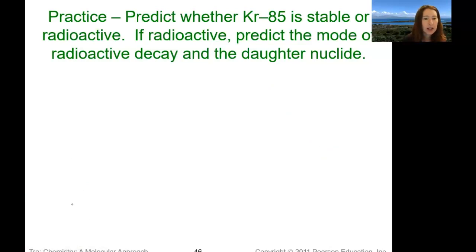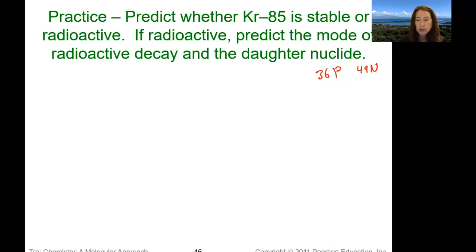Okay, so let's try krypton-85. Krypton has 36 protons, and 85 minus 36 is 49 neutrons. So 36 protons, 49 neutrons.